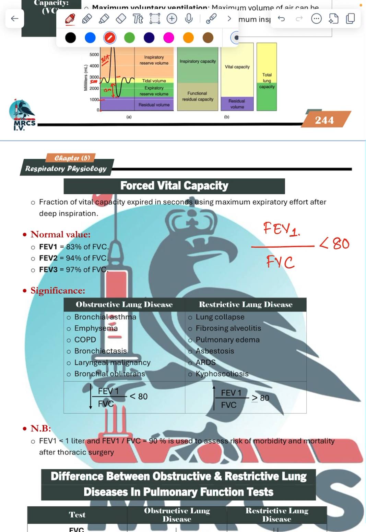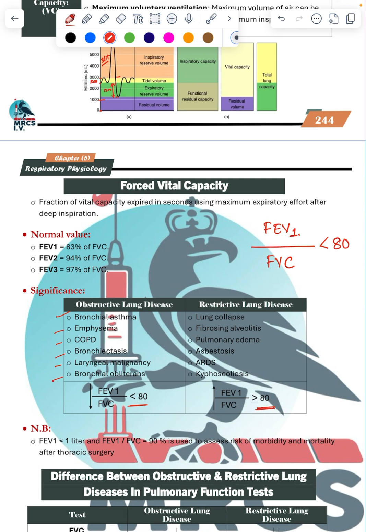So whenever there is obstruction, he is inspiring but he is in obstruction. That is bronchial asthma, emphysema, COPD, bronchiectasis, laryngeal malignancy. So these are obstructive diseases. The ratio of FEV1 to FVC will be less than 80.